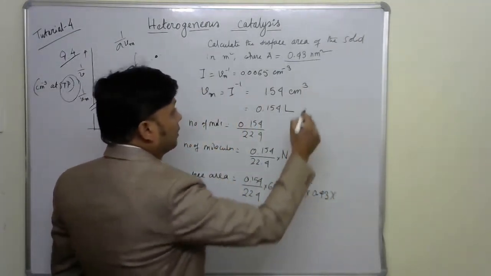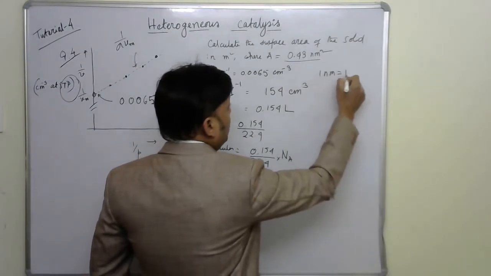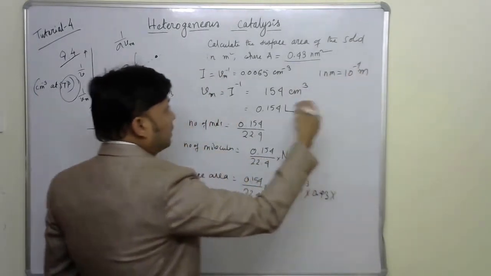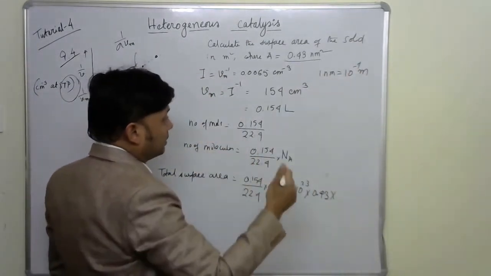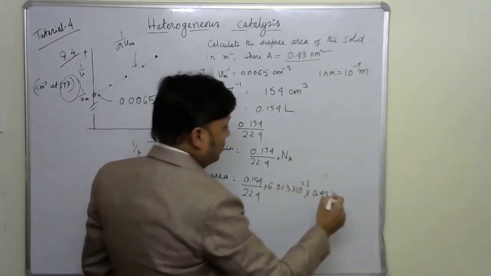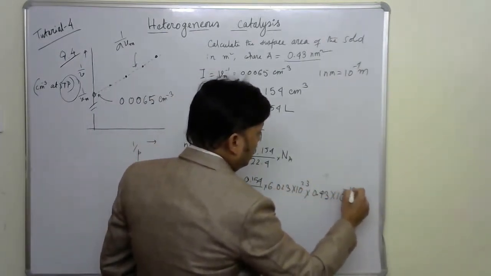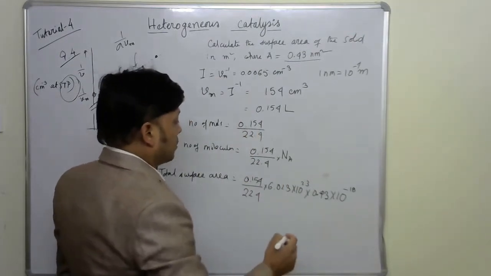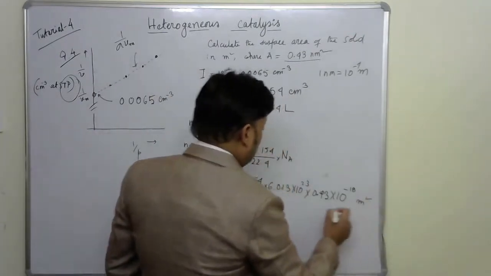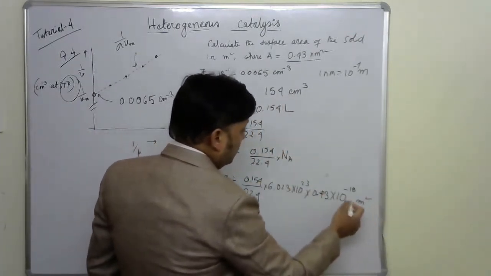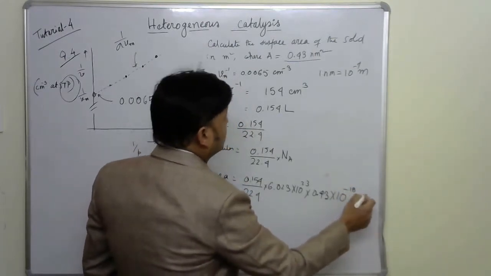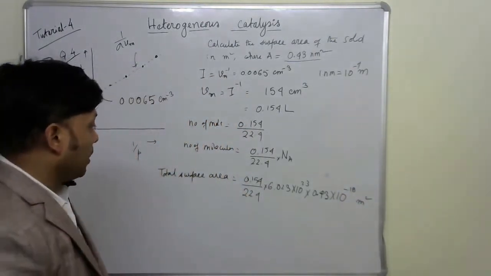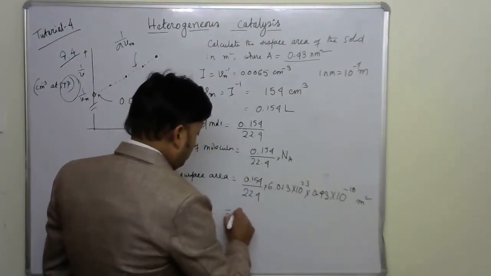So 1 nanometer is equal to 10 to the power minus 9 meters. So nanometer square means it should be multiplied with 10 raised to the power negative 18 meter square. All right, so up to this much all are numbers, so the unit comes here as the meter square.